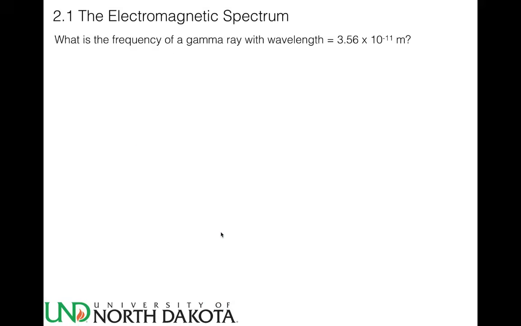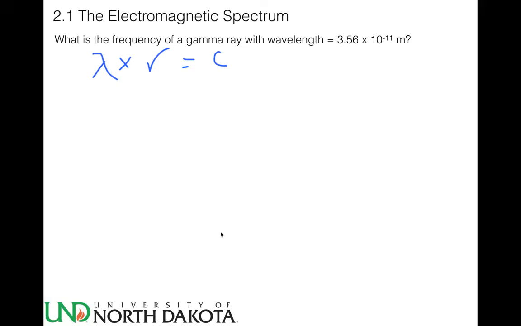Okay, let's answer some questions. But before we answer questions, we need to just write out a couple relationships. We can write out in equations the relationship between wavelength and frequency. Wavelength times frequency equals the speed of light, and the speed of light is a constant.